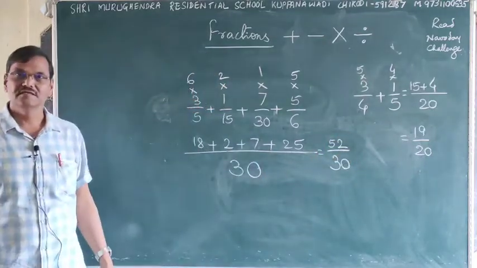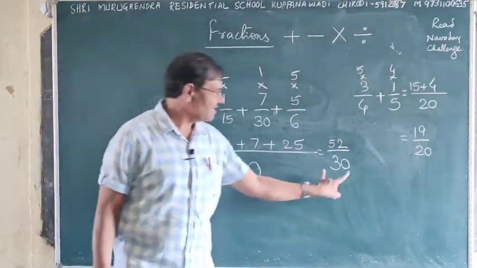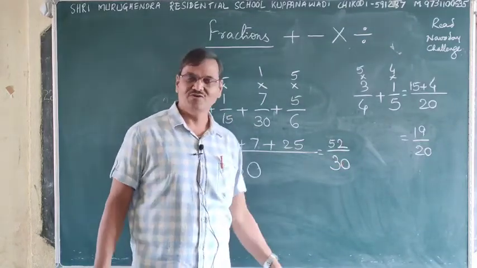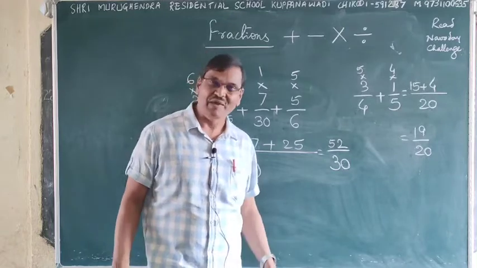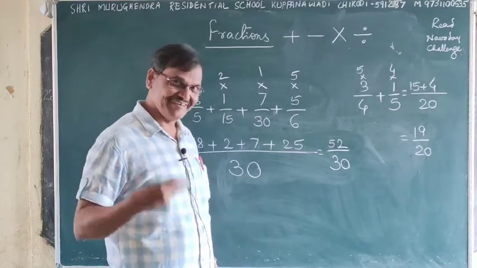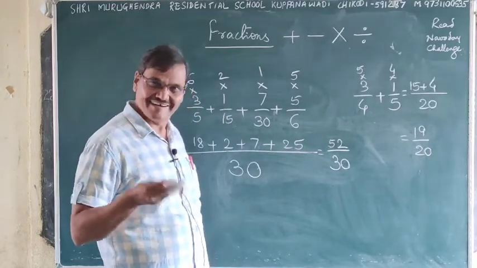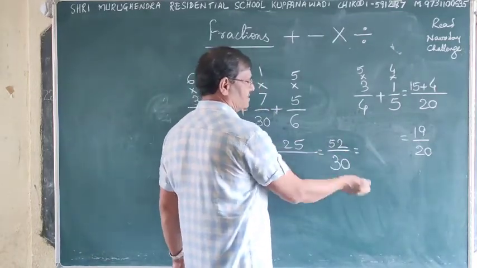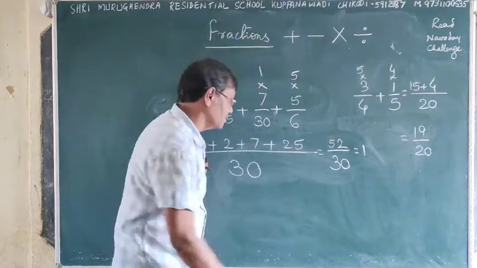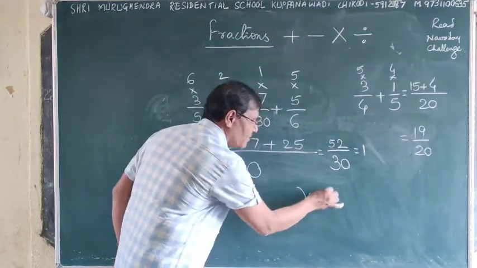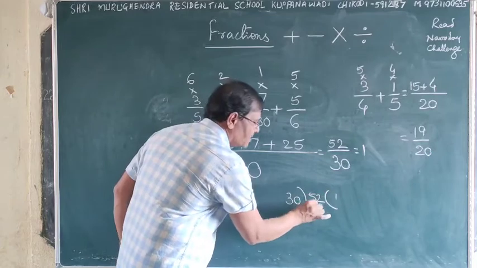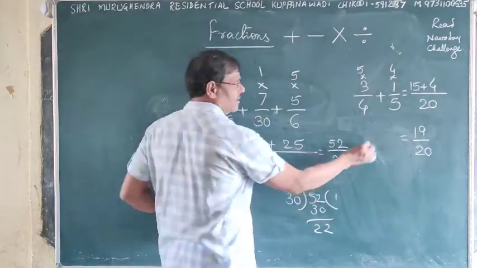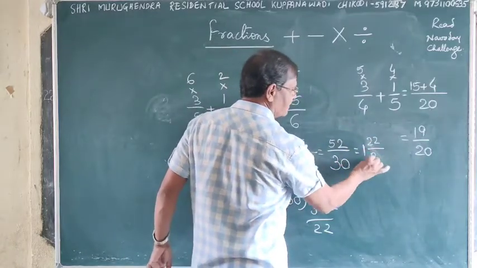This we call a naked answer. So we have to put some clothes on the baby so that it gives more attraction. 30 1s are 30, 30 2s are 60. 52 divided by 30, 30 1s are 30, what remained? 22 remained, so 1 and 22 by 30.